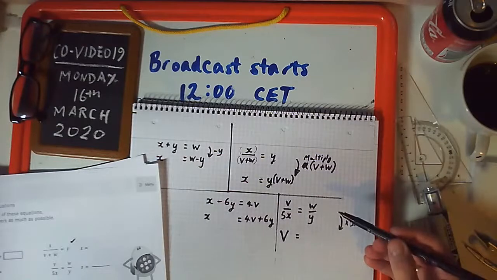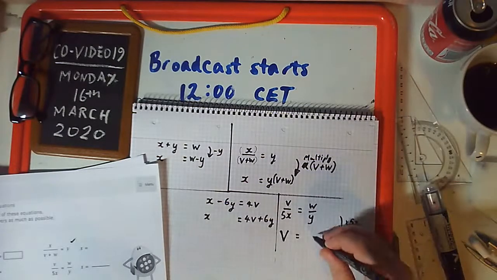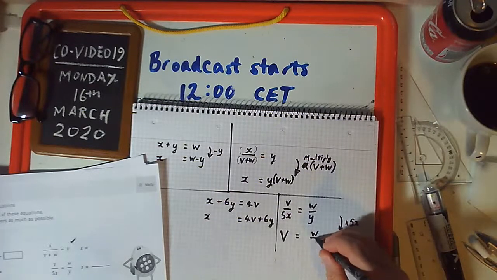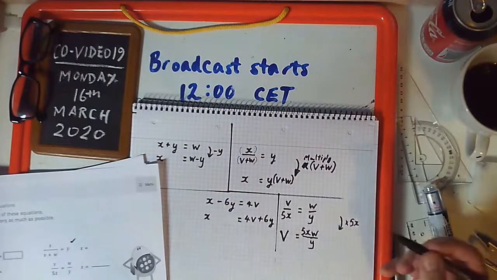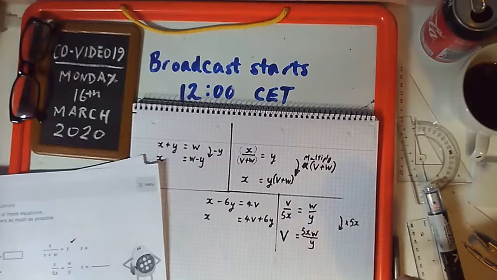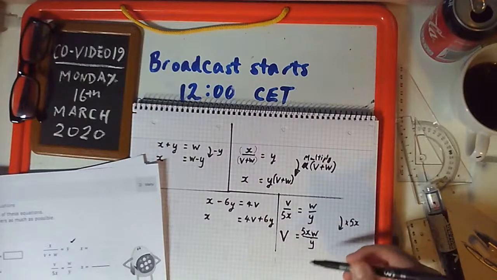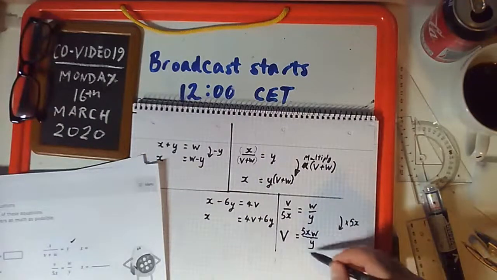But I need to multiply the other side by 5x as well, because you've got to do the same thing both sides. So instead of w over y that was there before, that multiplied by 5x. So times 5x on the top, v equals 5w divided by y. Now, I've still got a horrible fraction there, something divided by y.